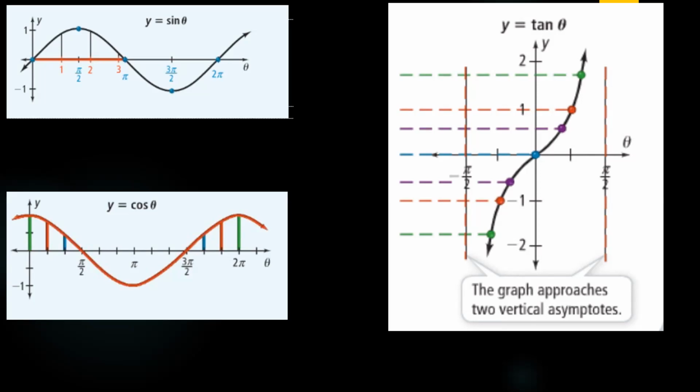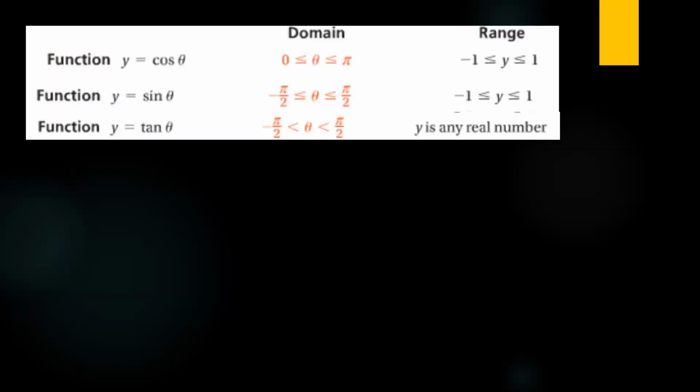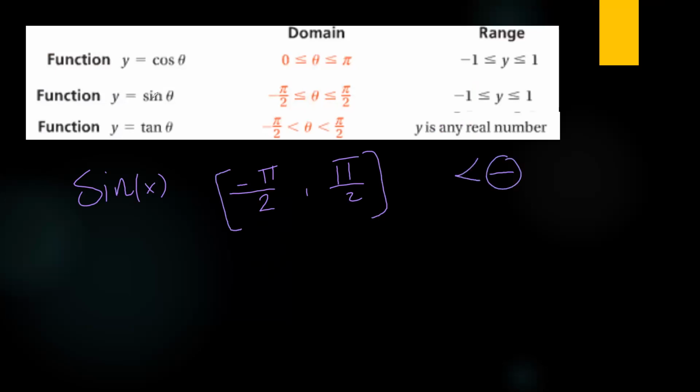Okay. So this is now the domain and the range for the 3 basic functions: sine, cosine, and tan. For the sine of x, its domain is from negative pi over 2 to pi over 2, and they are closed. In other words, you can write it as theta is greater than or equal to negative pi over 2, less than or equal to pi over 2.